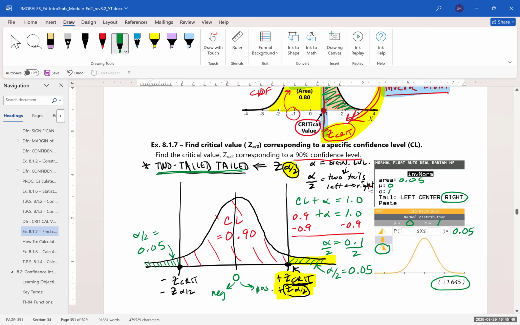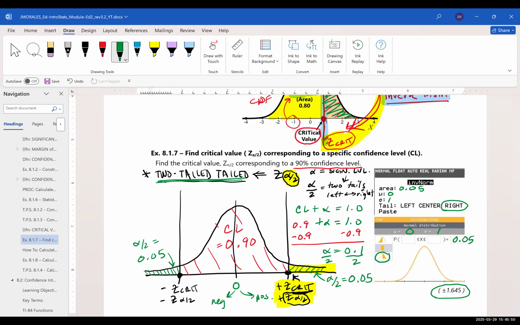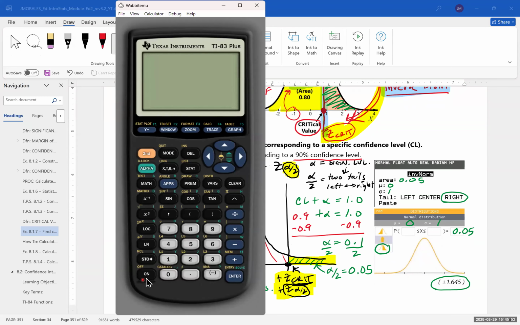Now, again, I want to caution you, if you're using an older calculator, like the TI-83, and you go to the distribution menu and choose inverse norm right off the bat, it doesn't allow you to choose left, center, or right. The native inverse norm function on the older Texas Instruments calculators only calculates area from the left, only from the left.